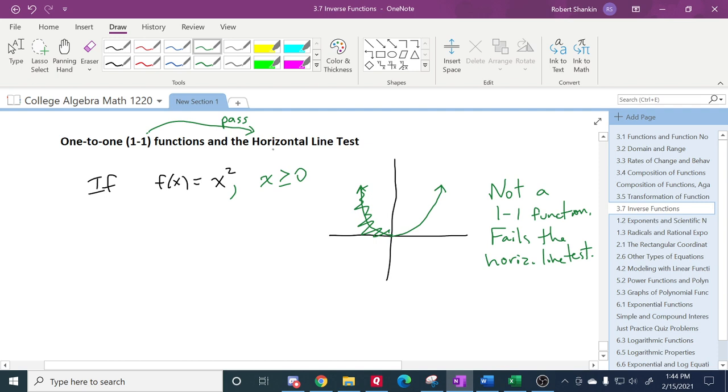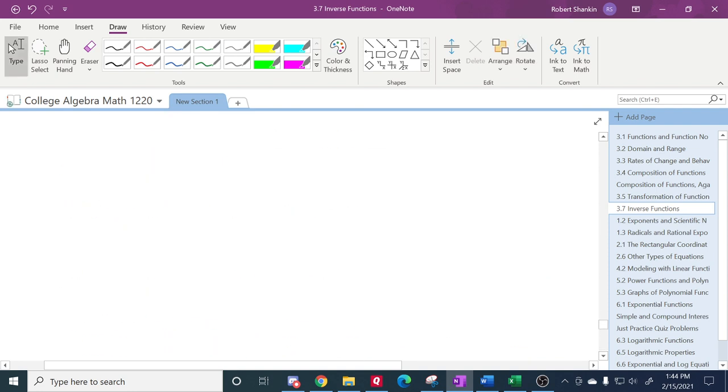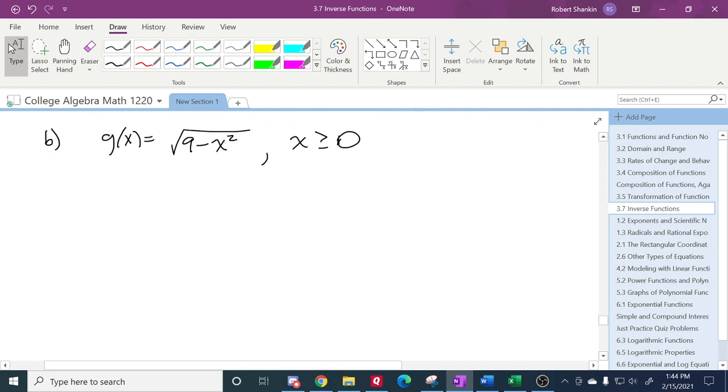Now, it's passing the horizontal line test. So that's what's happening up here. We'll tell you in a little bit why the horizontal line test is important. But let's go back to this one. So because it had an even power of x, it'll often have something like this. X has to be positive. It doesn't allow the domain to include negative numbers.